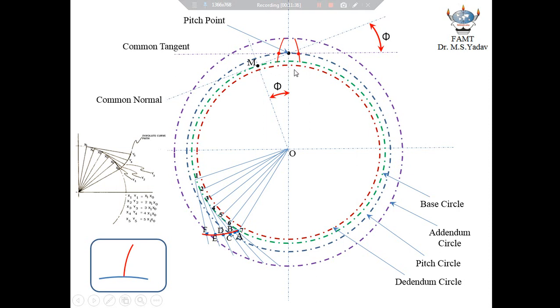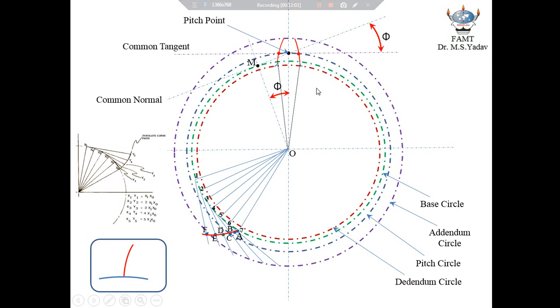Now join the profile to the center of the rotation and connect the profile to the root through small fillet radius on the either side like this. Means we have to connect the profile to the dedendum circle with the help of a small fillet radius.